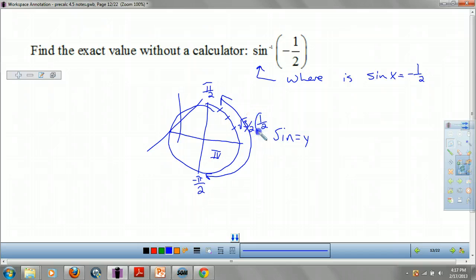So this is where your sine was a half. If you brought it down, √3 over 2, comma -1/2, we know that this angle is a winner. You should also remember that this is pi/6. This guy down here then is 11 pi/6.